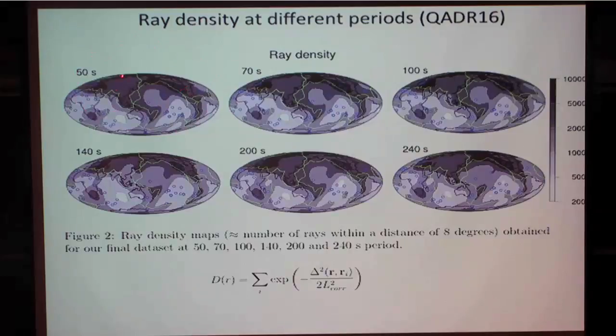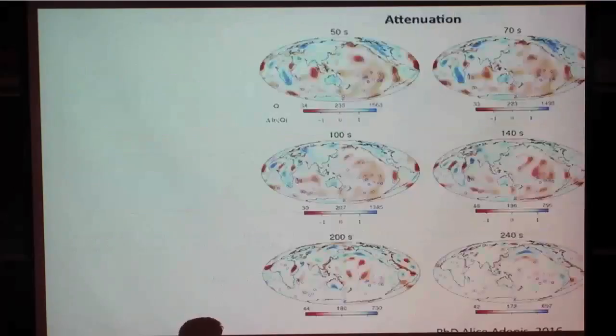And you can see that they are typical of global tomography, high density in the northern hemisphere. But even in the regions where we've got the weakest coverage, we've got more than 200 rays that cross in each region with a radius of 8 degrees, which corresponds to the horizontal smoothing that we have put in the tomographic inversion. So basically, the idea is that there is a lot of redundant data in these models.